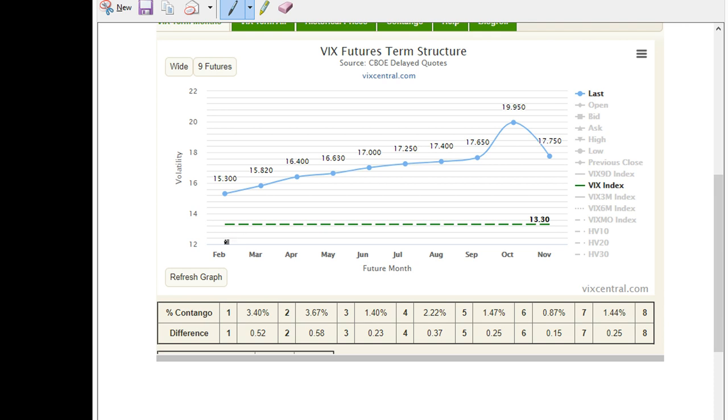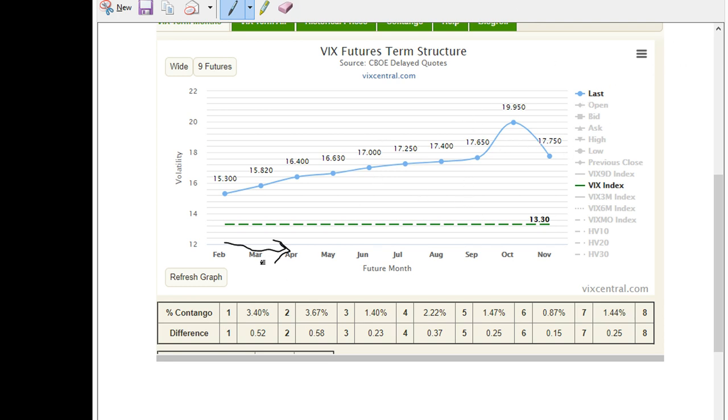So February starts at the beginning of the Feb expiration cycle, which is basically today, okay? And then, so as we move out through time, we're heading right here on the chart. And the actual potential of things is the difference between the futures price and spot, otherwise known as the roll yield, okay?